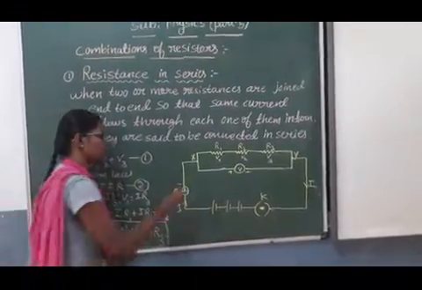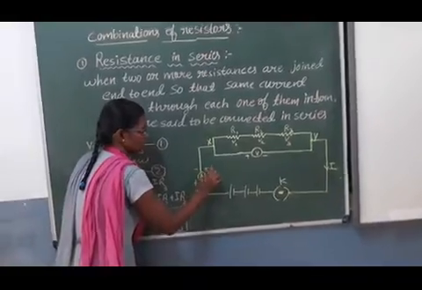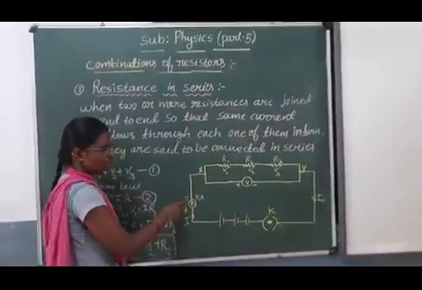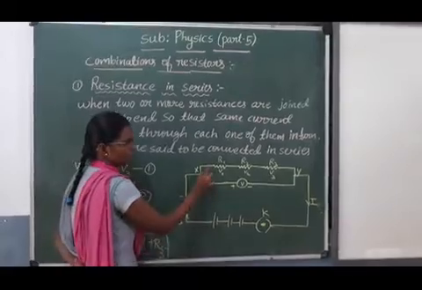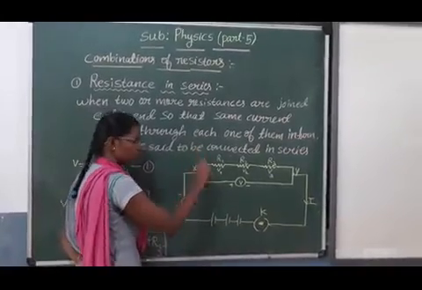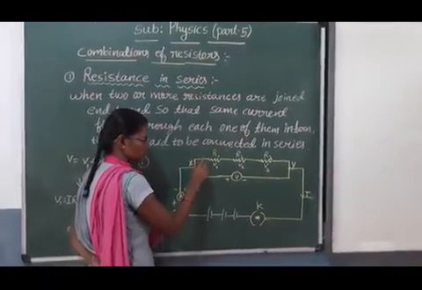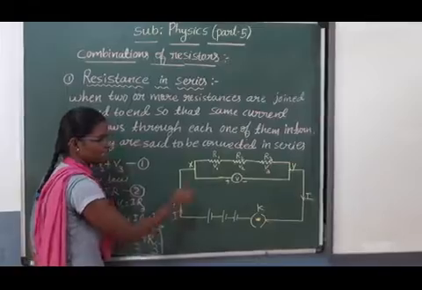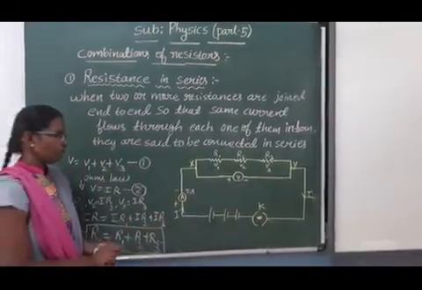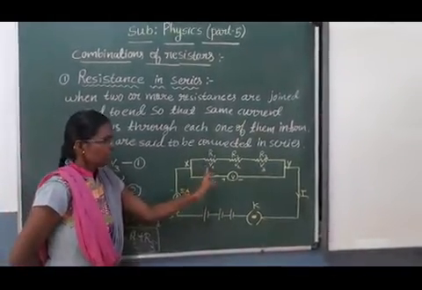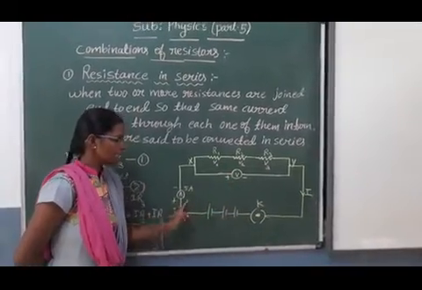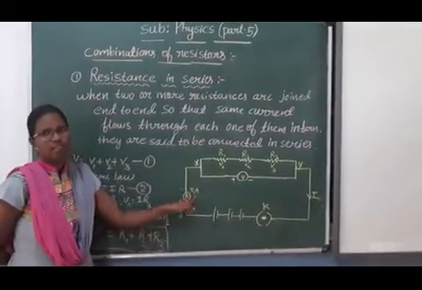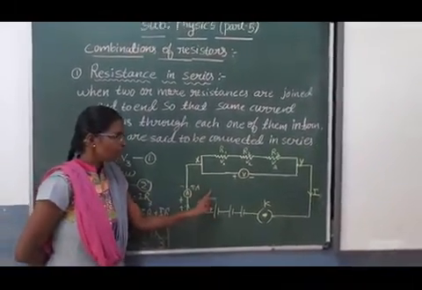For example, think 5 ampere is there at this position. Disconnect this ammeter and connect it near the resistors. At that place also you get the ammeter reading as 5 ampere. So remember, in series resistance the electric current remains the same in any part of the circuit.